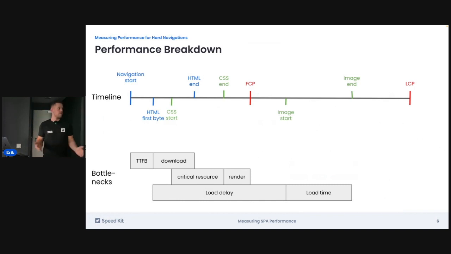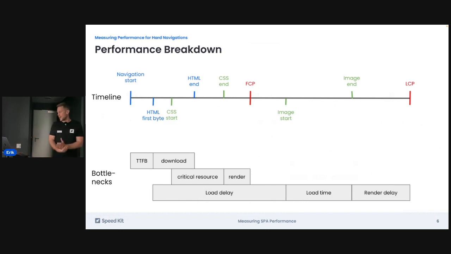And then you might think about, okay, is my main image loaded with the right priority? Or do I maybe need priority hints in order to say, okay, this needs to be loaded with a high priority? So the browser actually knows, because otherwise the browser will load images with low priority, because they are just images. They don't block the rendering. We don't need them that fast. That's not true for the main image, because the user needs to see it.